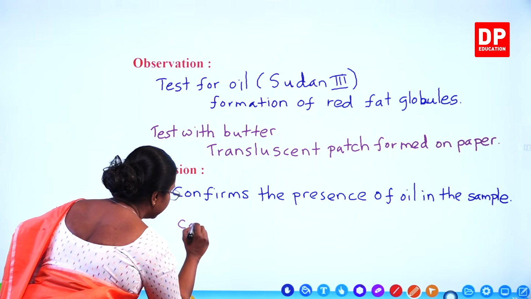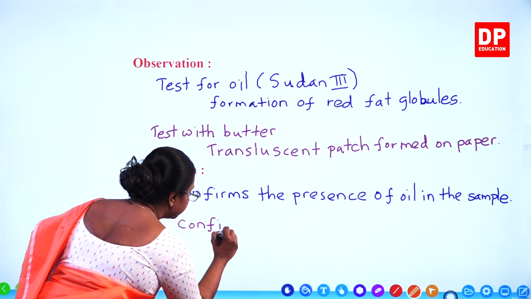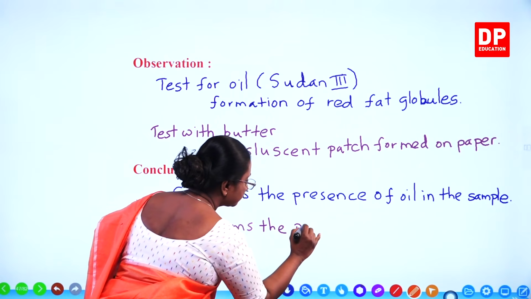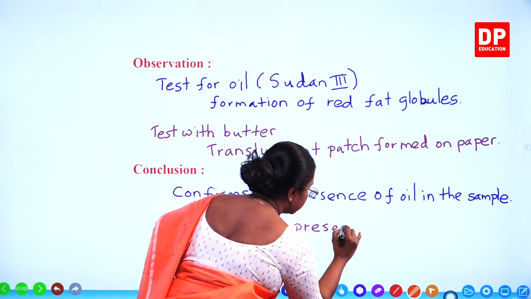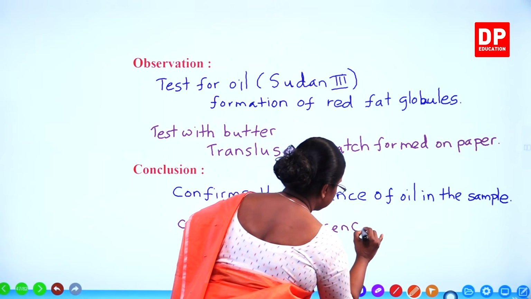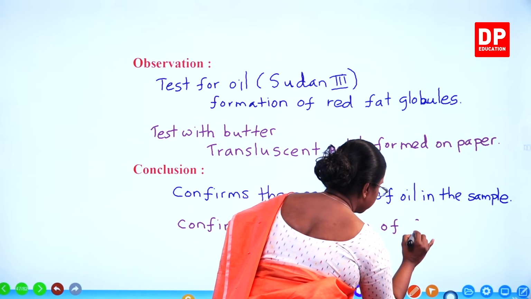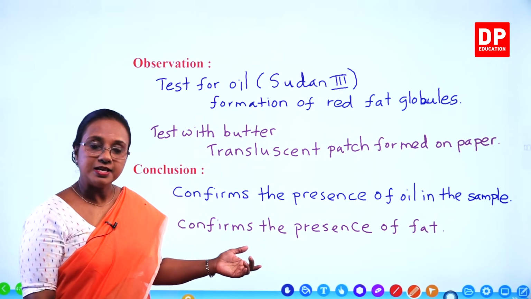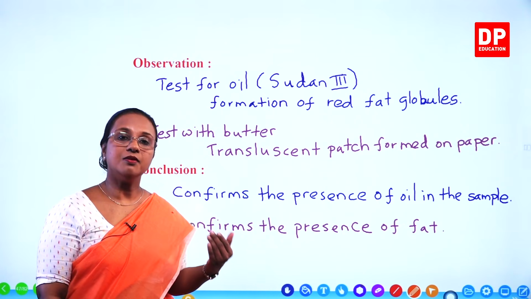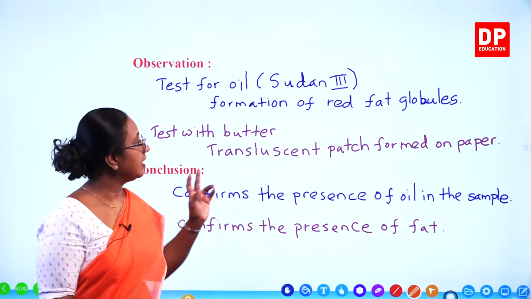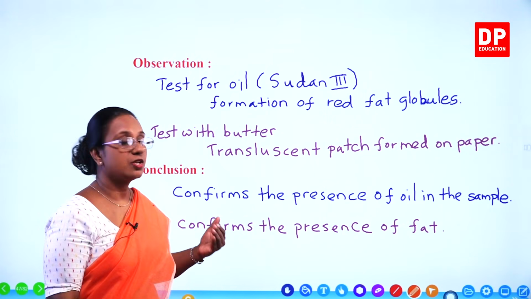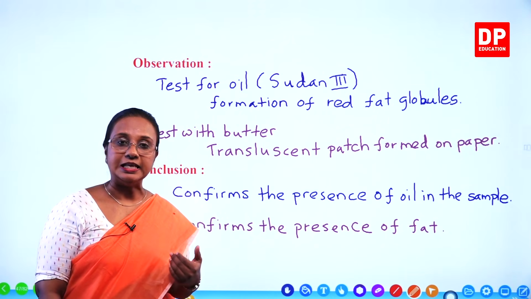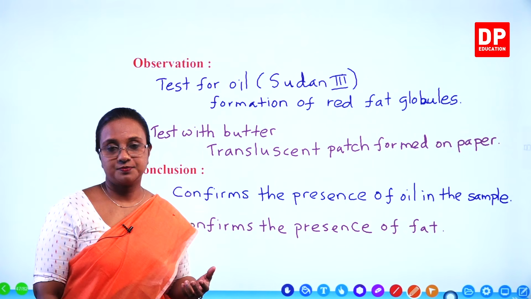And that confirms, so under lipids there are fats and oils. We did two activities to confirm the presence of fat and oil in food substances.